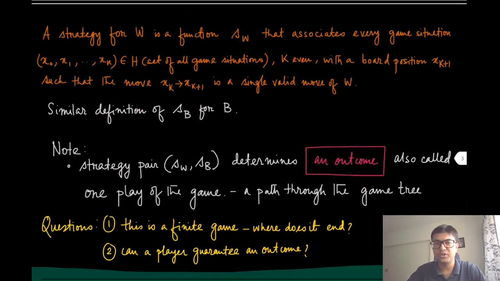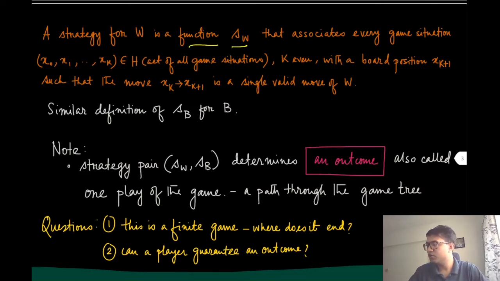Therefore, we are going to consider the mapping from this game situation to the set of actions. A strategy for this white player, we are going to denote as a function SW that associates every game situation x0 to xk, which is sometimes also called the history of the game, where k is even, with a board position xk+1, such that this move from xk to xk+1 is a single valid move of the white player.